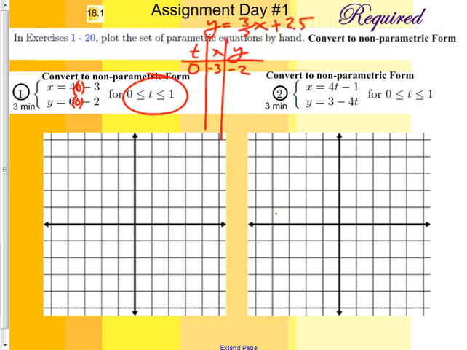So the point -3, -2 is on my graph. -3, -2 is right there. And I should label it with something else that's going to disappear. T equals 0. That's where it is at time equals 0.